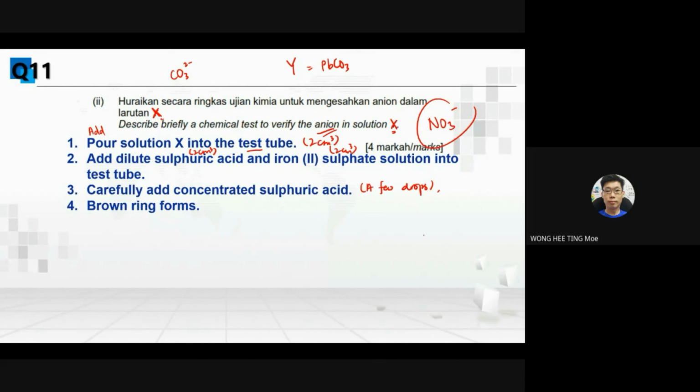To be safe, because sometimes the answer scheme asks you to state the volume. So you note it down.